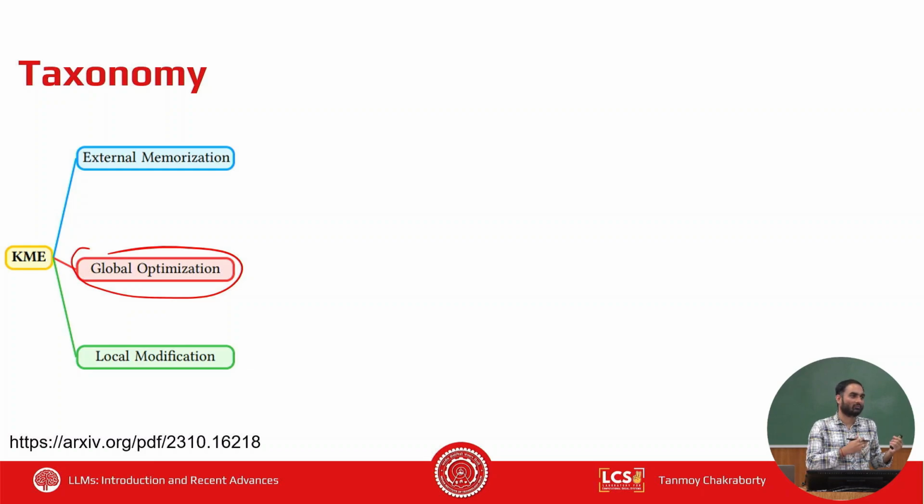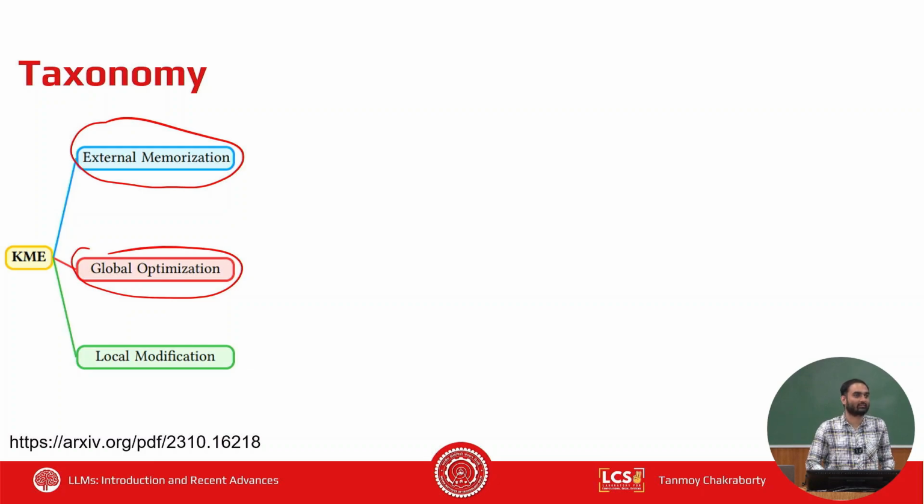Whenever a query related to the updated knowledge is given to the model, it will look at this additional memory, and some member of the memory will be returned. This is called external memorization. You have some external memory, some sort of cache memory, and you store all the updated knowledge into the cache memory.